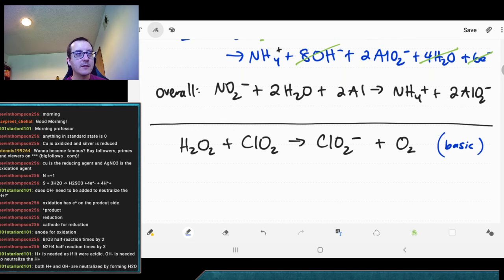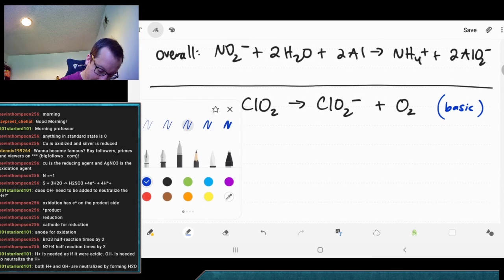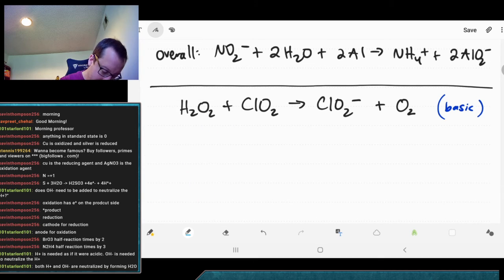Alrighty, first things, sorry, we have to separate these first. So we know the chlorines will go together, of course, right? So we're going to have this as one of our half reactions. We've got -1 going to 0, which is going to be an oxidation, right?